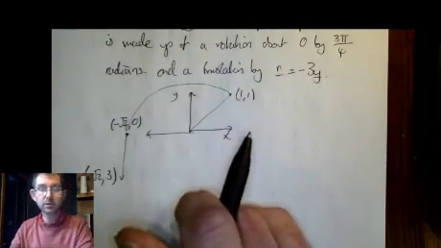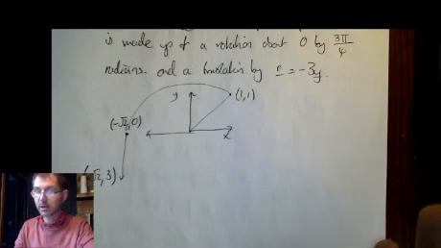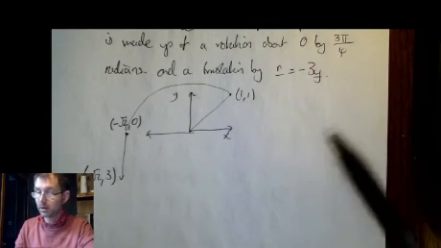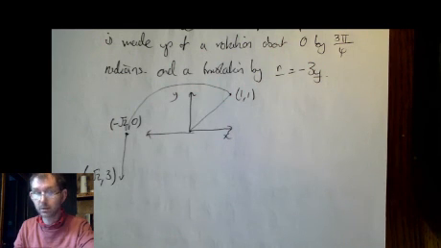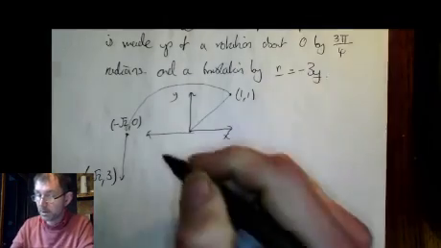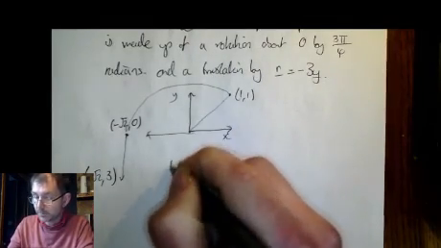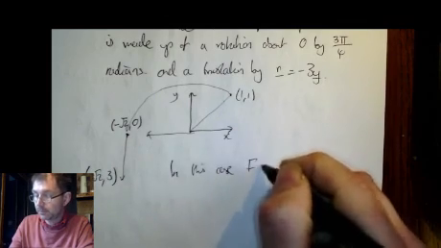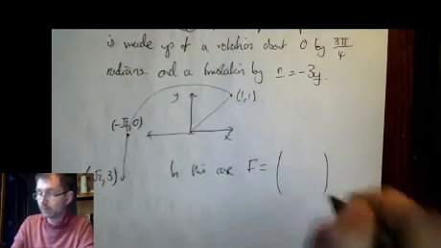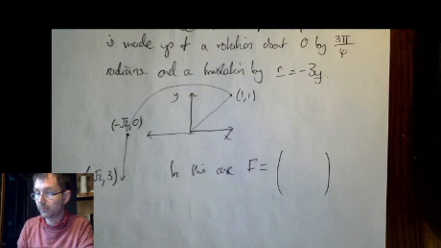Very typically, we'll be representing the matrix of the linear operator here, so the rotation part of this example, with a matrix. So in this case, F being a rotation of 3 pi over 4, we know what that is.